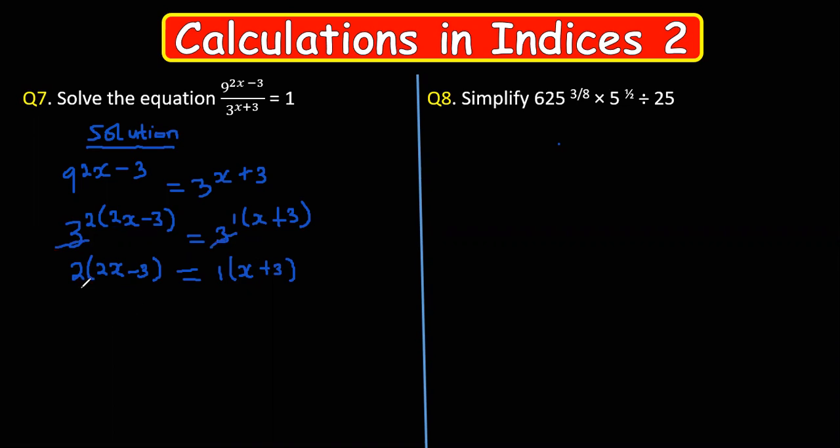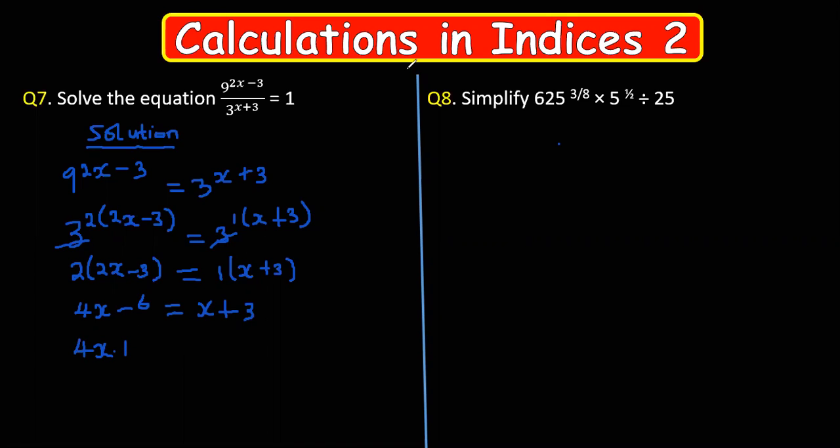So let's open the brackets, 2 times 2x, so we should have 4x minus 2 times 3, we should have 6, equal to 1 times 1x, we have 1x, so 1 times 3 is 3. The next step is to collect like terms. So here we have 4x, we put the same variable on the same side, x here comes here, and it's going to become minus x.